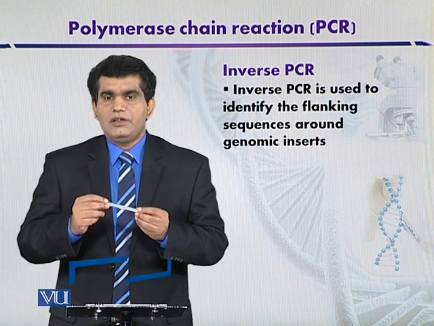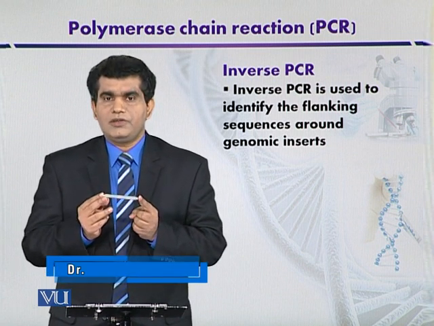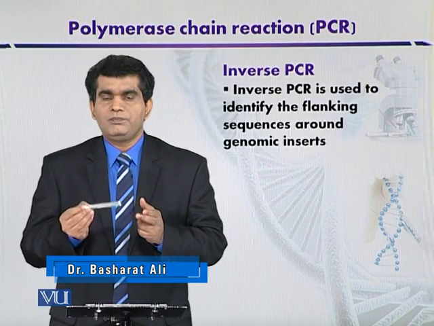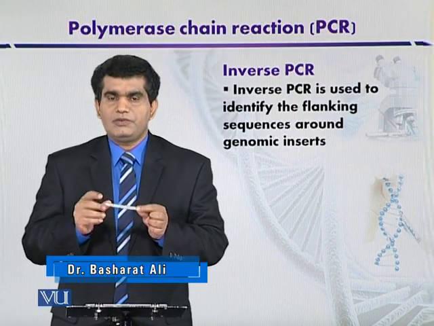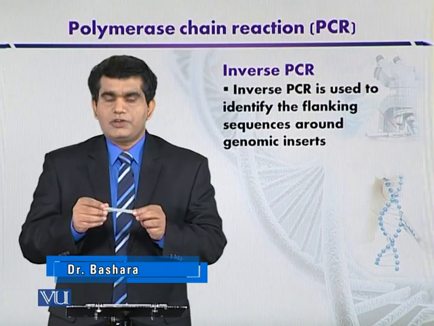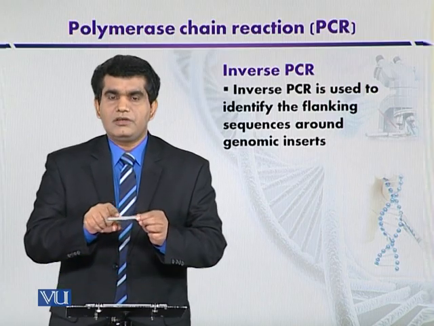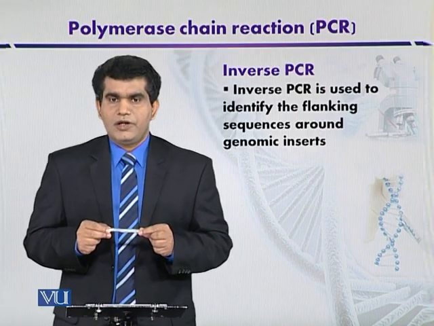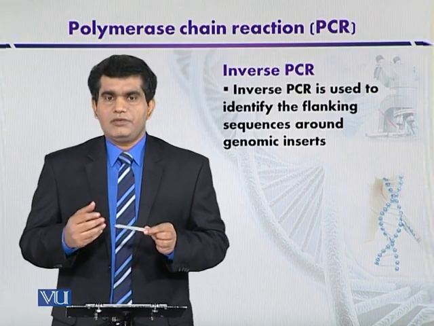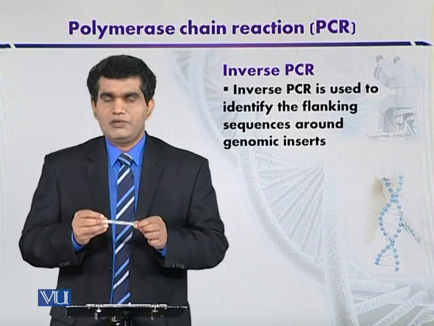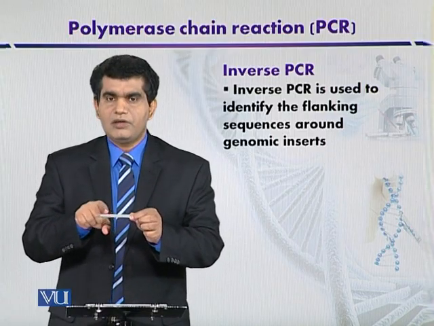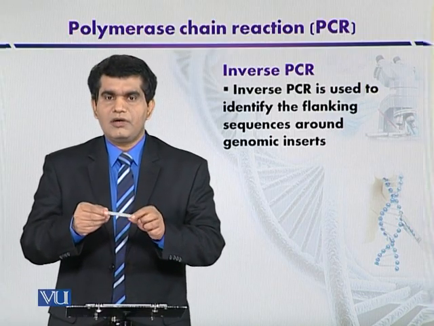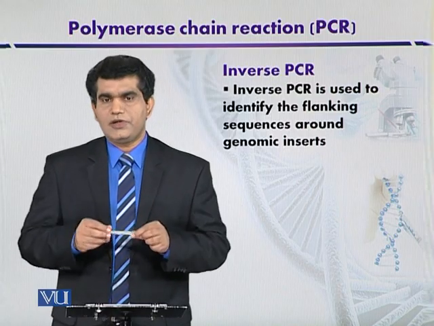Now within this restriction fragment that has been digested with a certain restriction enzyme, now it is with us. And suppose here within this center the sequence of the region is known, but this may not be our sequence of interest. Our sequence of interest may be the flanking regions that are present right or left to the known sequence.